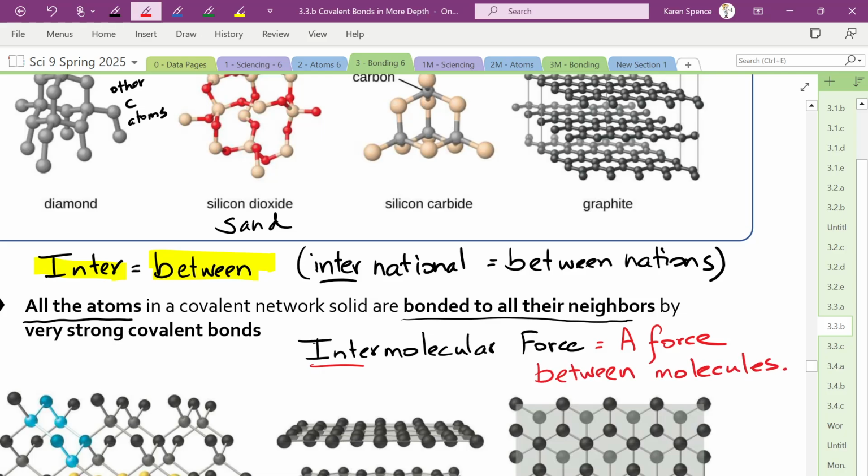Now, to be honest with you, we use intermolecular forces also to mean forces between atoms if they're not actually bonded to one another. We use intermolecular forces to mean the attractive force between one sheet of graphite and the next sheet of graphite. Okay? And intermolecular forces are relatively weak.